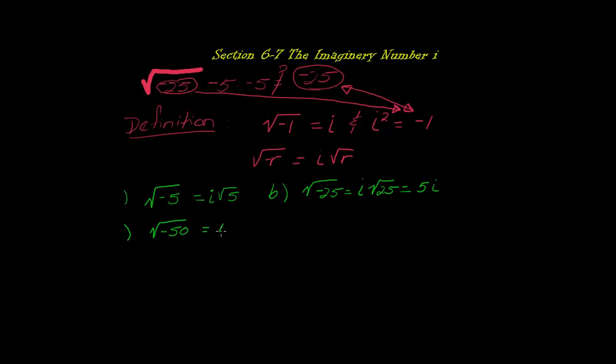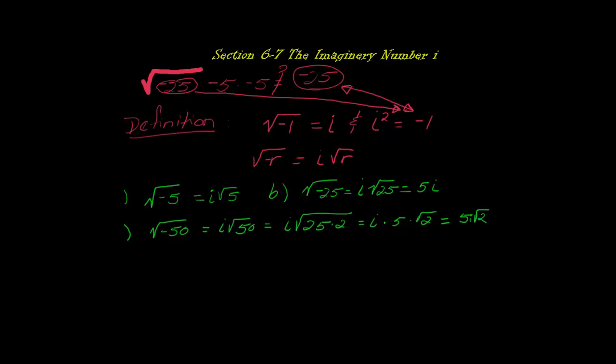That is immediately i times the square root of 50, which is equal to i times the square root of 25 times 2, which is equal to i times 5 times the square root of 2, which is equal to 5i square root of 2. This is a little bit of a mind bender to begin with, but you'll cruise through this fairly easily.